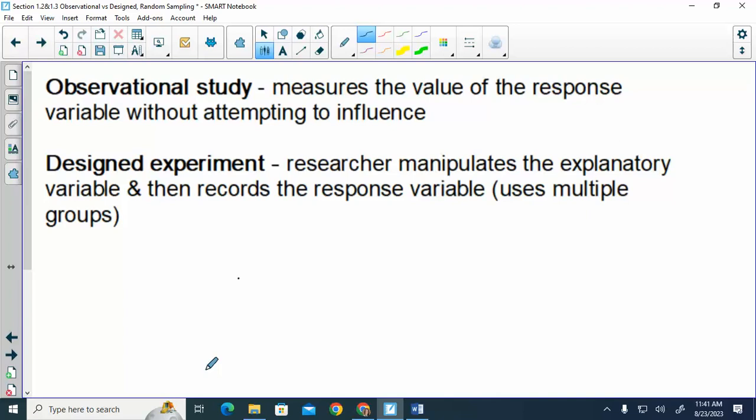An observational study measures the value of the response without attempting to influence. You're just watching, you are doing nothing to change the outcome. In the designed experiment, the researcher will manipulate the explanatory variable and record the response variable. A lot of times this will require multiple groups.